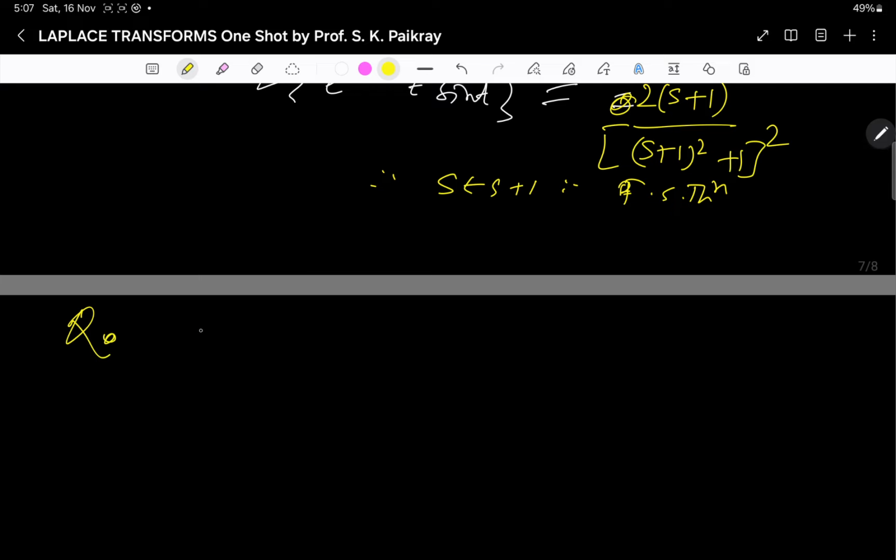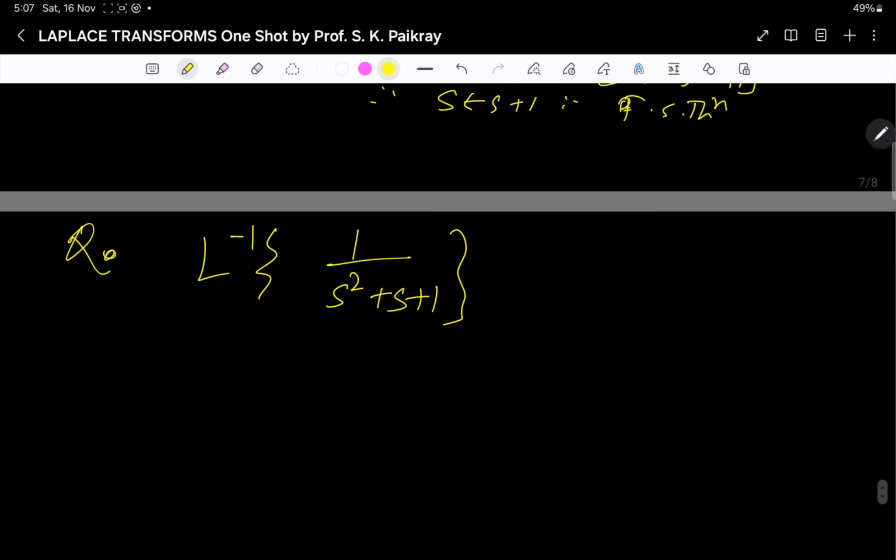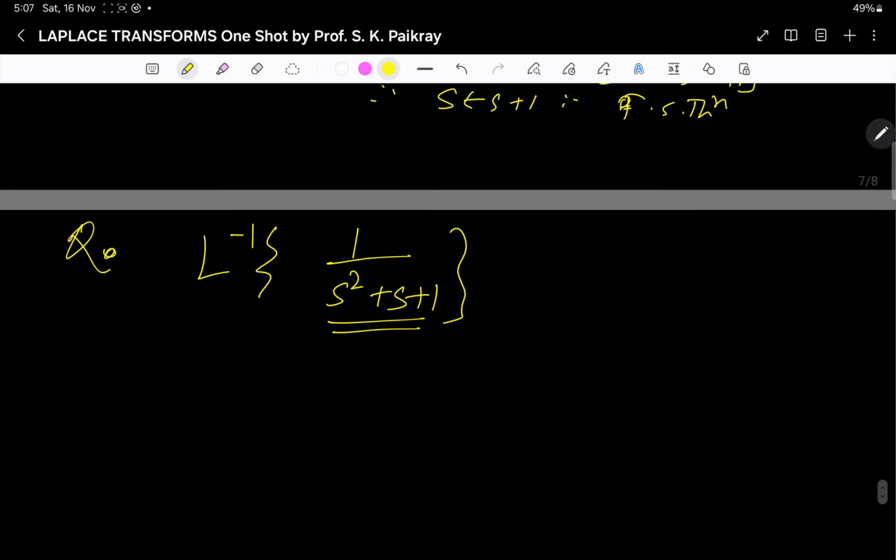One question is, find L inverse of 1 by s square plus s plus 1. You see, this is not possible to factorize, so I write it as a whole square and adjust plus minus. If I adjust it, it is (s plus half) whole square, which means s square plus s plus 1 by 4.